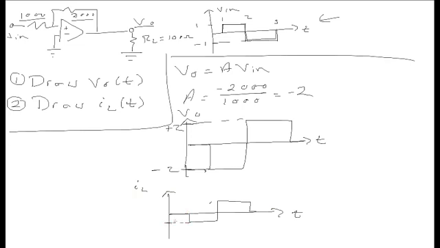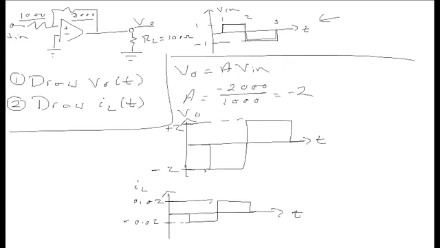This is negative 2 over 100, negative 0.02. And this is positive 2 over 100, 0.02. So, I didn't need to redo my analysis because I already knew what my op-amp's equation was. And after that, once I know that, I treat Vout as just another type of voltage source.